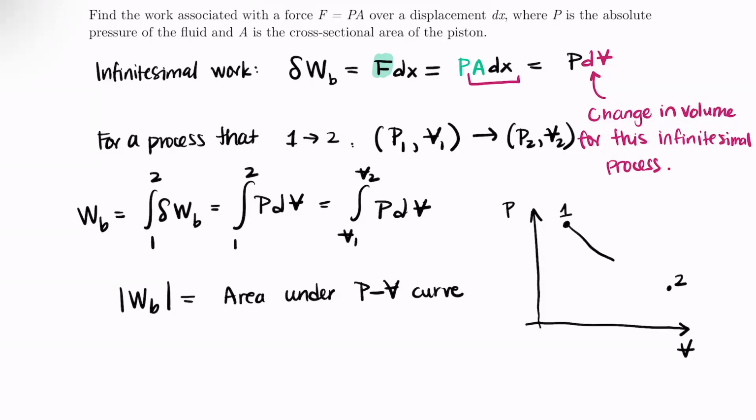Our process path goes like this, so we're moving from 1 to 2, and the area under here is our work. Does that make sense for everybody?